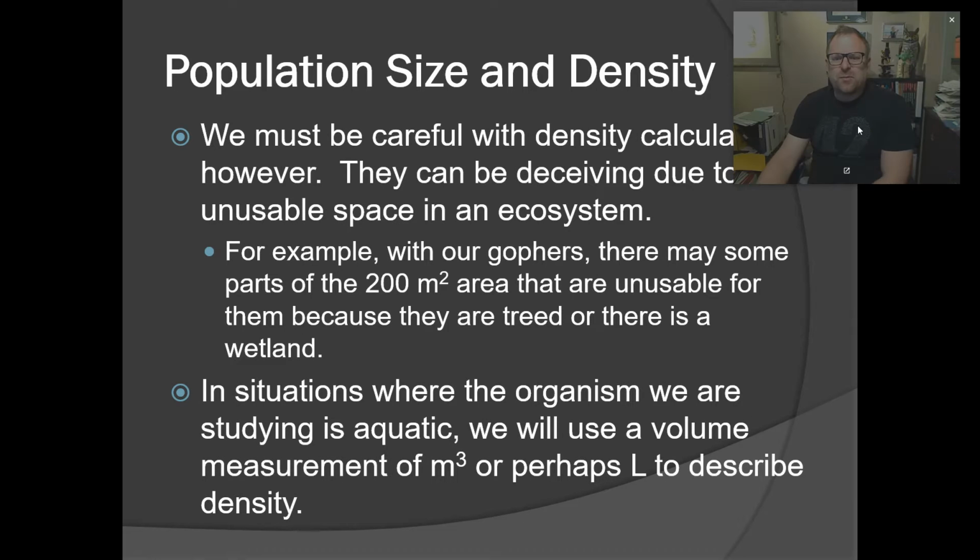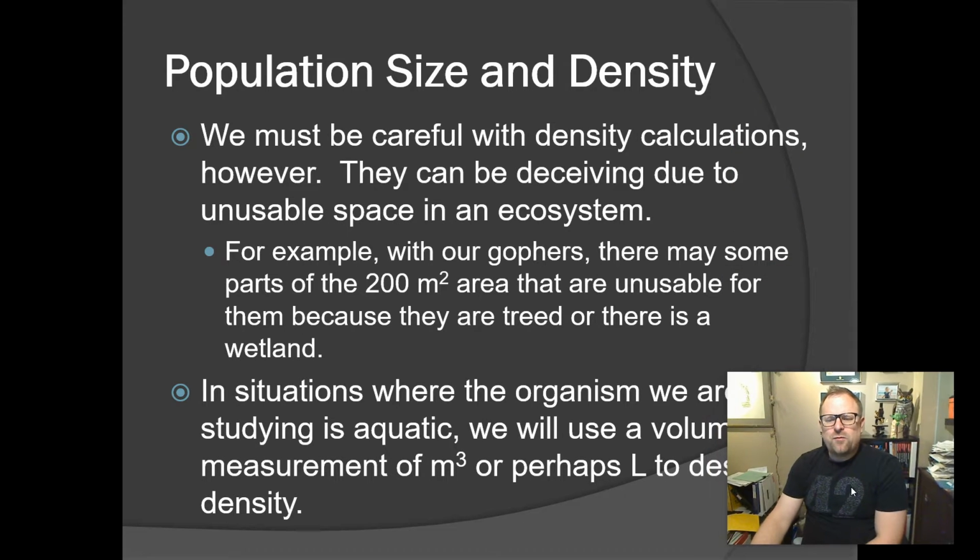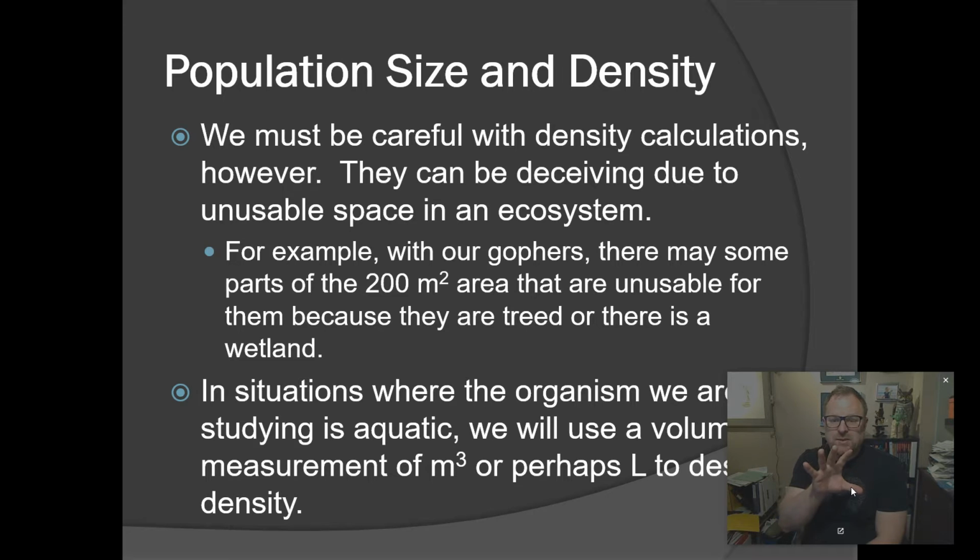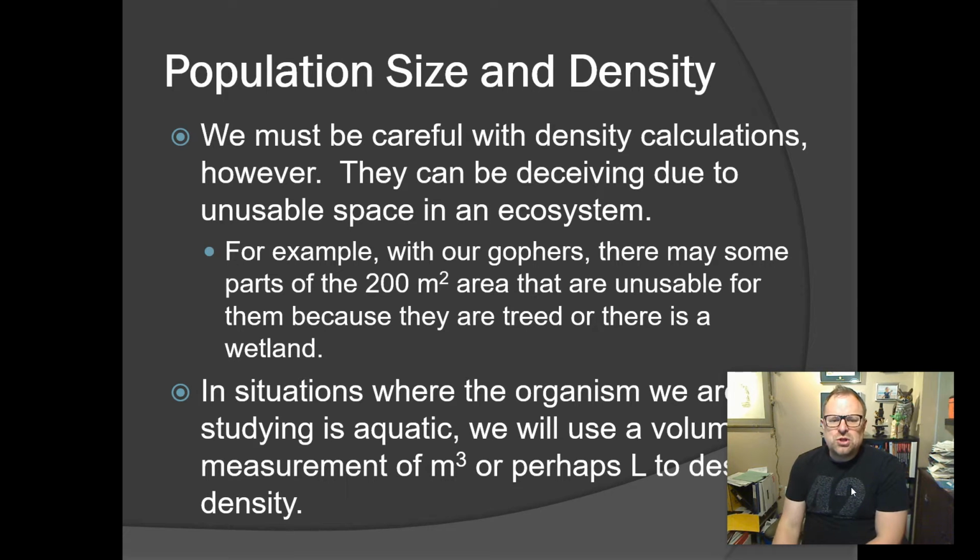It's really, really simple. We have to be careful with density calculations because they can be deceiving due to unusable space in an ecosystem. For example, with our gophers, there may be some parts of that 200 square meters that are unusable for them because they're treed or there's a wetland or something along those lines. So it doesn't describe their habitat.